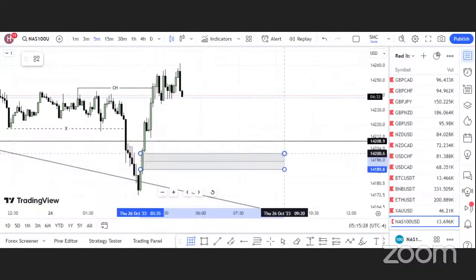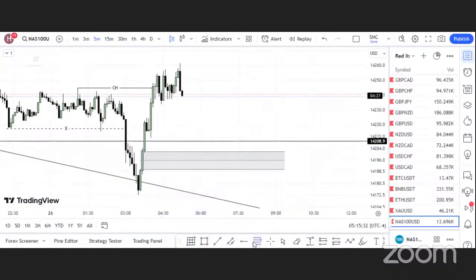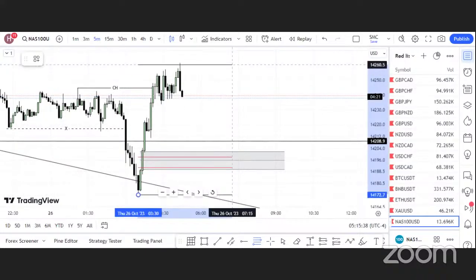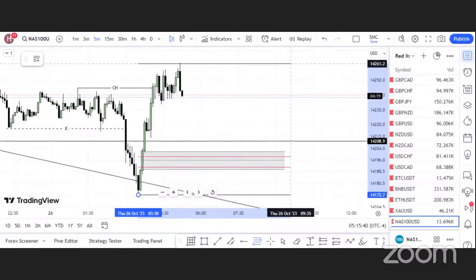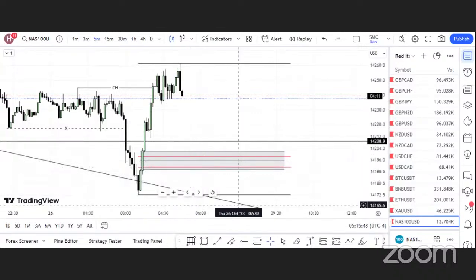So let me use my Fibonacci tool again and see where my golden zone is. You see, I have my golden zone around this area, the same area I had marked out.